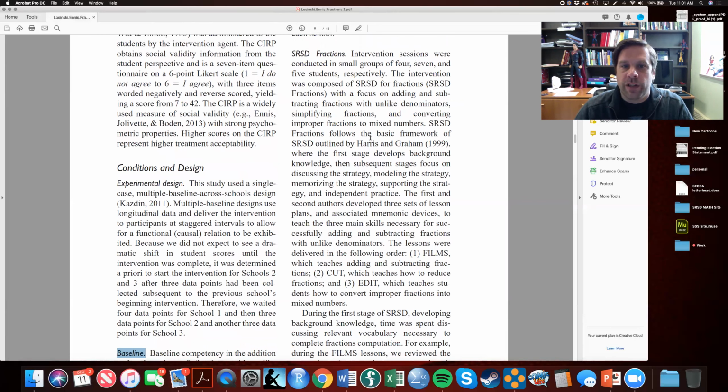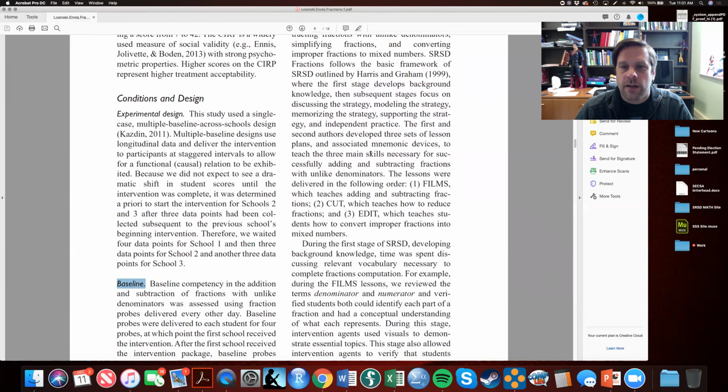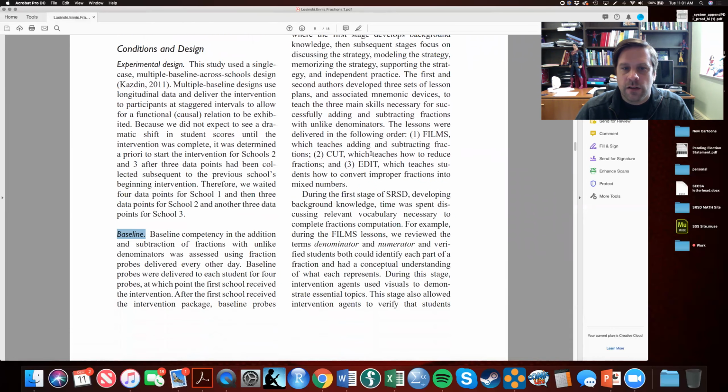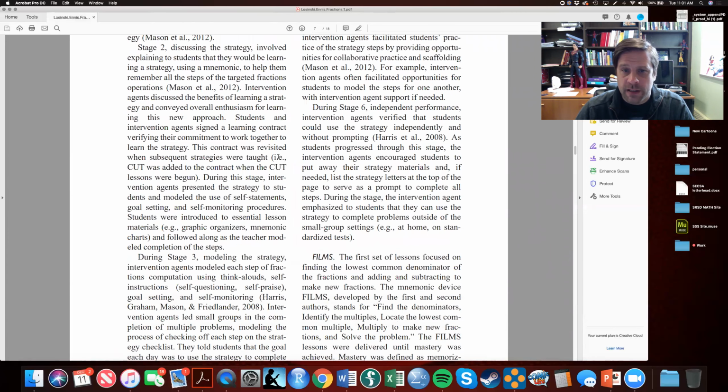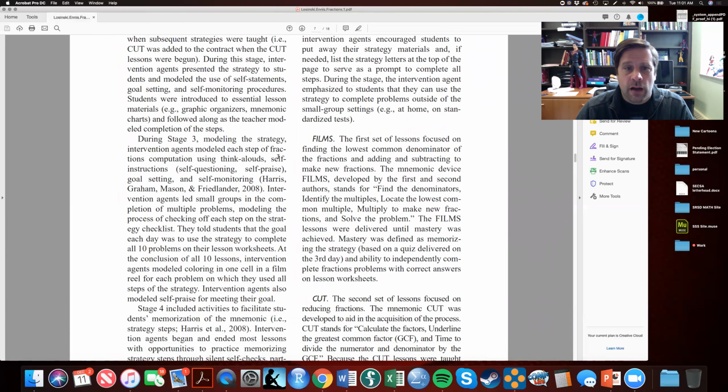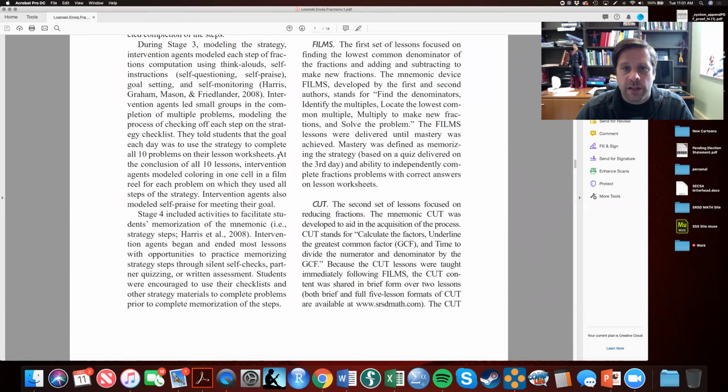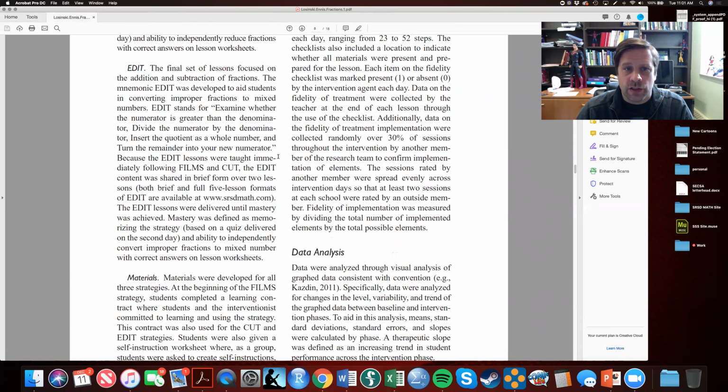But we do give a very detailed description of what we did so that somebody else could come behind us and replicate this. You can see there's a couple of pages just describing exactly what we did, how many days it took, what was going on during each day, what was going on during each lesson.